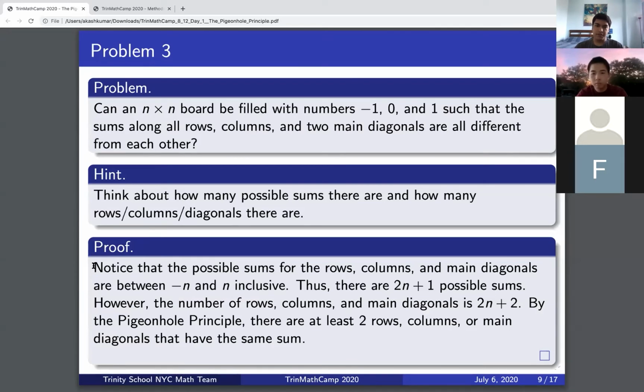Same logic for positive n. The number of integers is 2n plus 1, because you have 1 through n, -1 through -n, and then you've got to remember 0. The number of rows, columns, and diagonals is 2n plus 2, as Michael said. So then by the Pigeonhole principle, there are at least 2 rows, columns, or main diagonals that have the same sum.